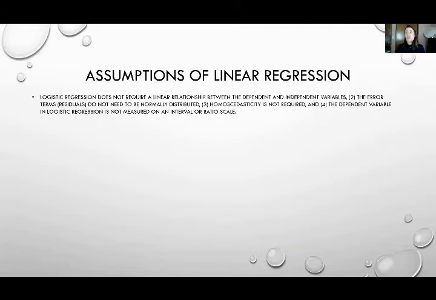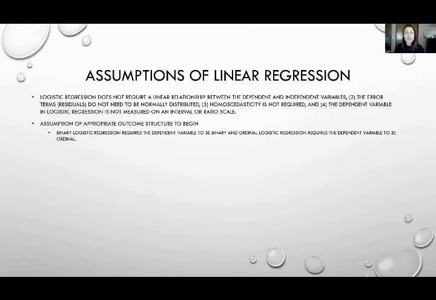It does not require the error terms to be normally distributed. It does not require equal variance about the mean. And the dependent variable in a logistic regression is not measured on an interval or a ratio scale.